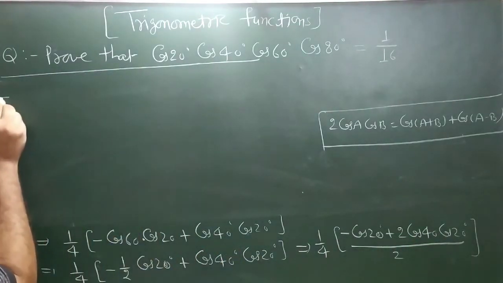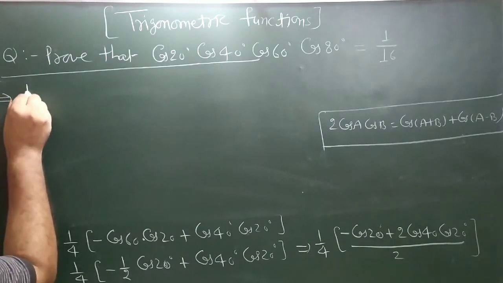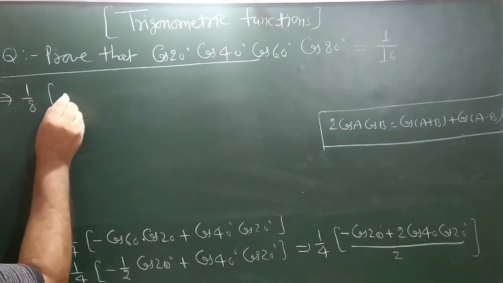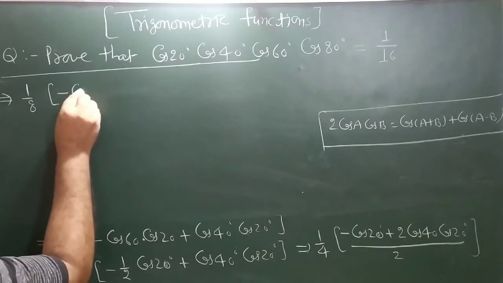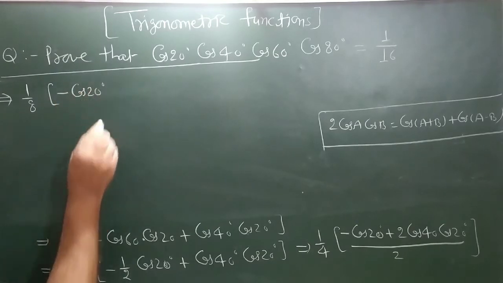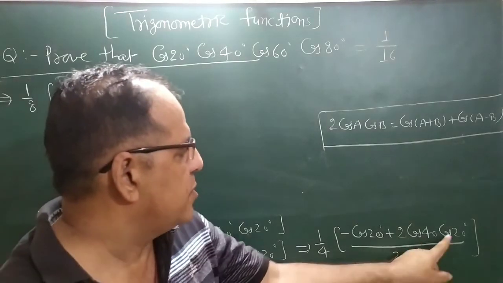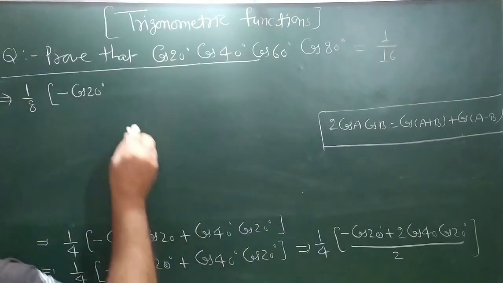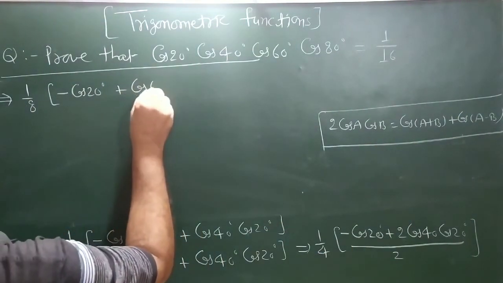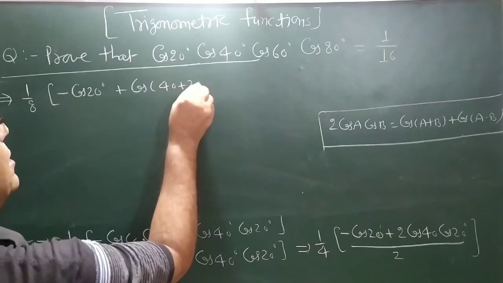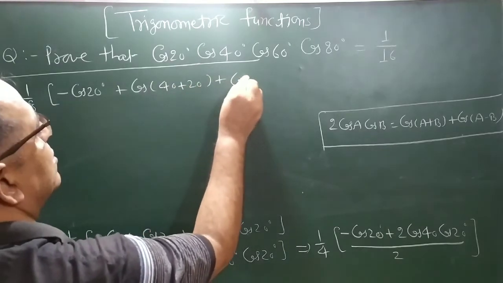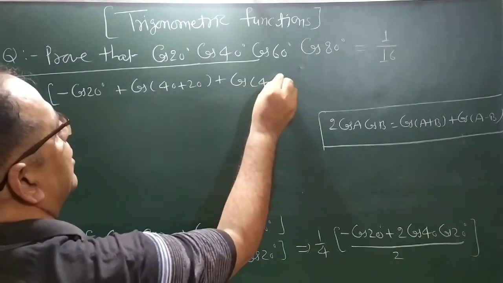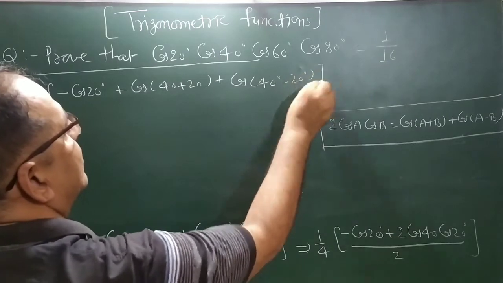Now in next step, this becomes 1 upon 8 inside the bracket minus cos 20 degree, and again apply 2 cos A cos B here. So this becomes plus cos 40 plus 20 plus cos 40 degree minus 20 degree.